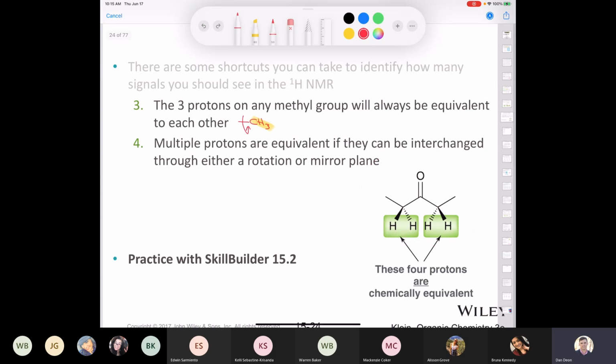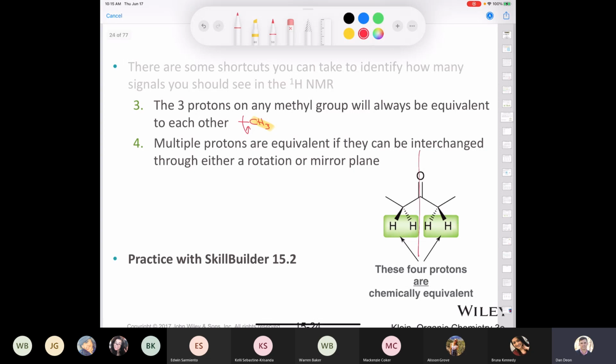Not only do we have an axis of rotational symmetry, but we also have a mirror plane too. And so all four of those protons are going to be chemically equivalent. All four of them are in the exact same electronic environment. Again, rotation works in this case, or a mirror plane works in this case.